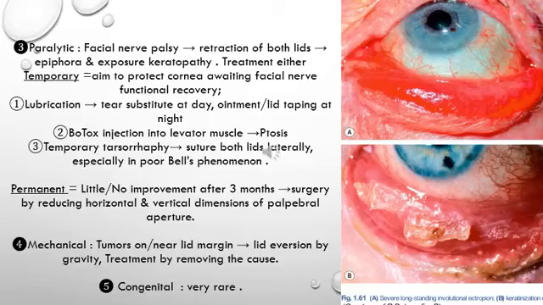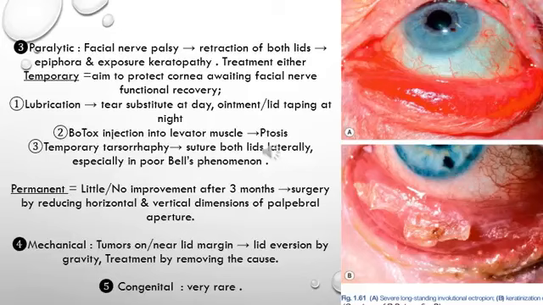The permanent measures for patients with paralytic ectropion, when there is no improvement or recovery of facial nerve palsy after 3 months, usually we will do surgery by reducing the horizontal and vertical dimensions of the palpebral aperture.